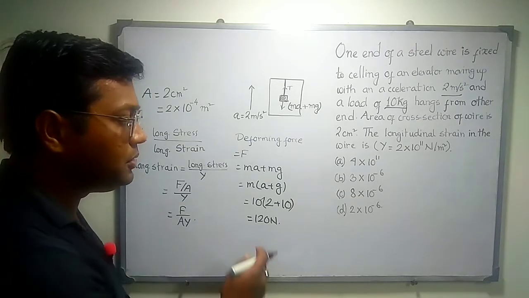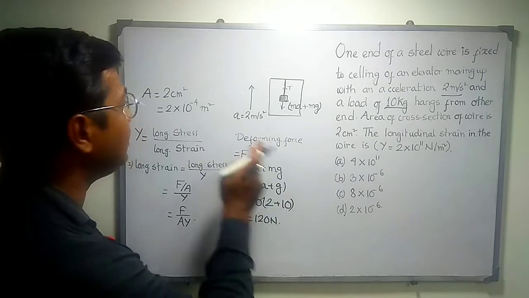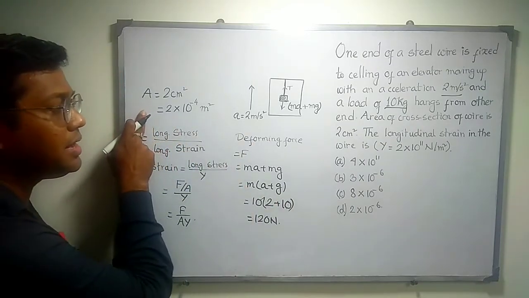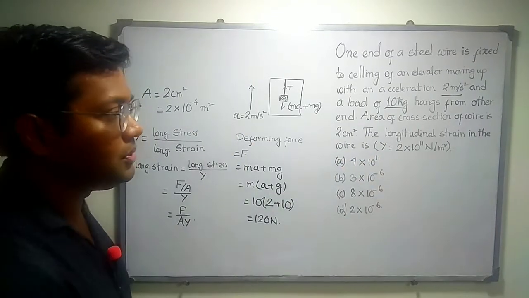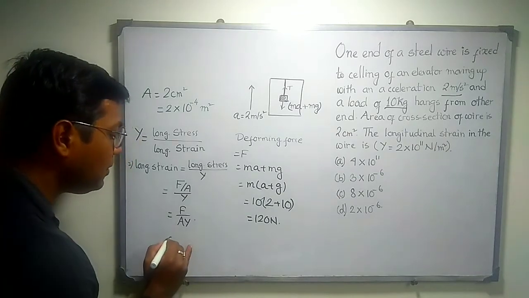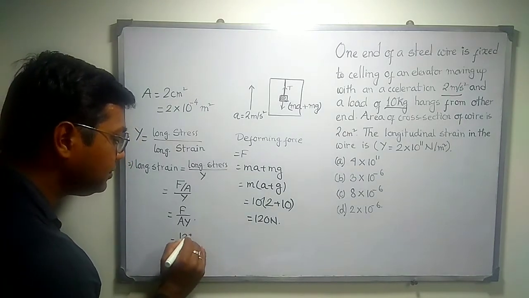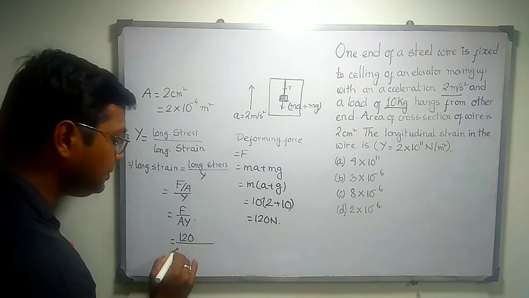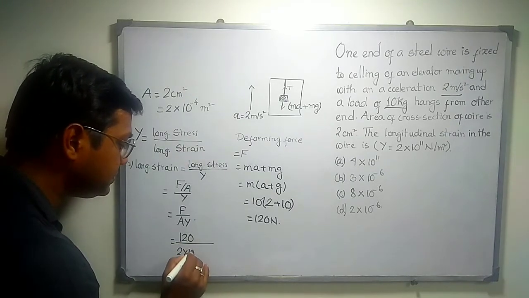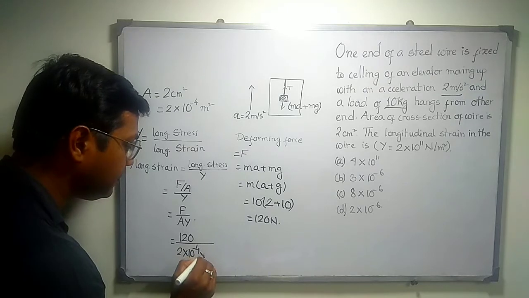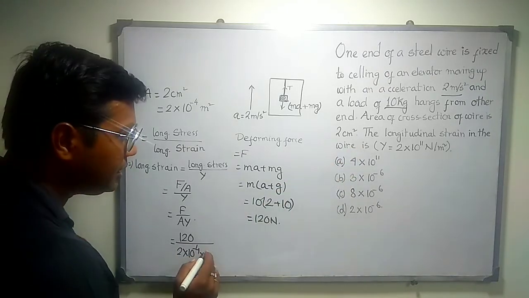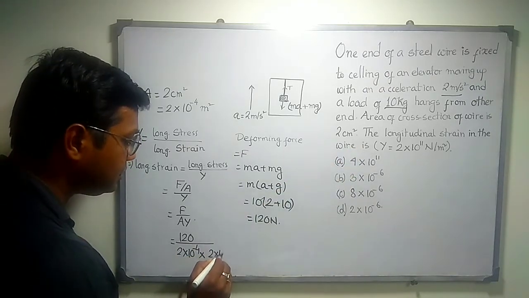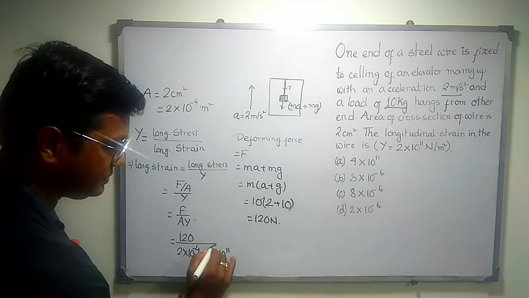Now I am putting in the value of F, the cross sectional area, and the Young modulus. Capital F is 120, capital A is 2 into 10 to the power minus 4, multiplied by Y, which is 2 into 10 to the power 11.